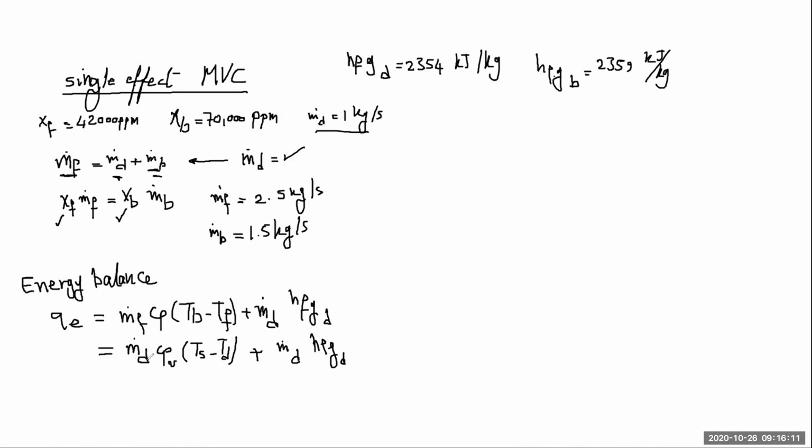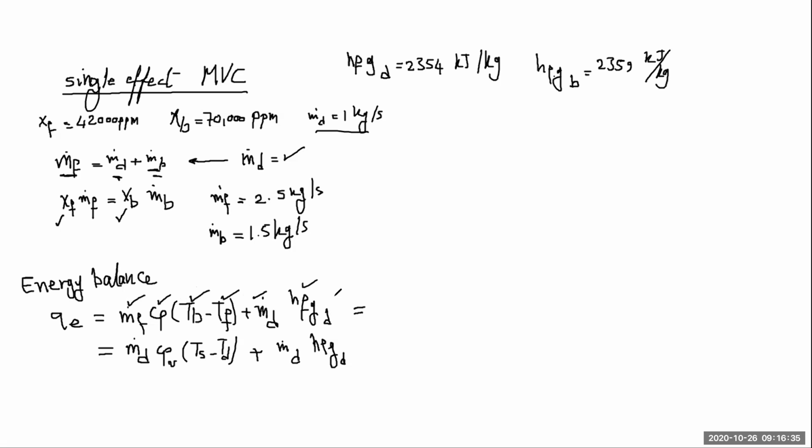So when we're looking at that expression here, what do we have? Basically, we have m dot feed. This is available. We know it. We have obtained it from here. The Cp is given to us. TB, TF, MD, and HFG are given. So we have all the parameters which are needed to calculate the energy.